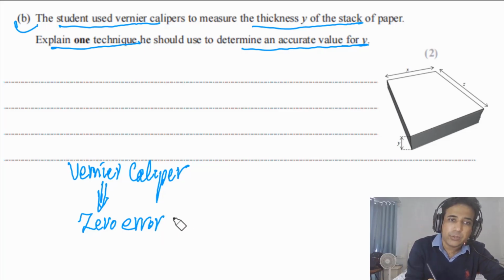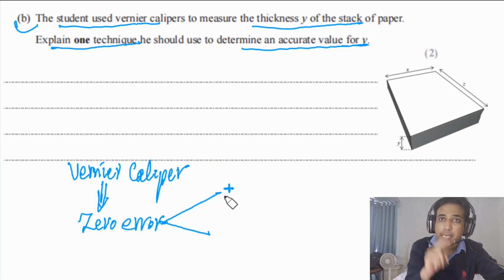For example, if the zero error is positive, the reading measured by the vernier caliper is higher than the actual reading. So the final reading we should subtract: the measured value minus the zero error.